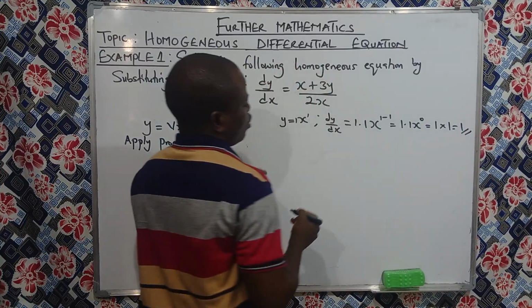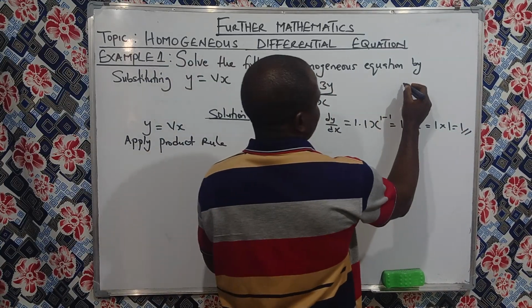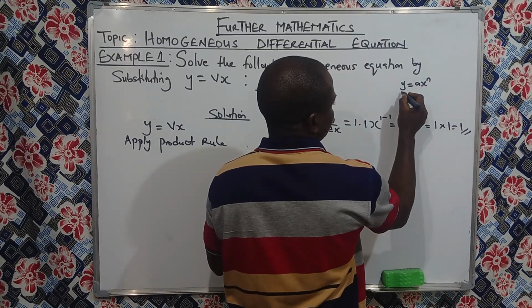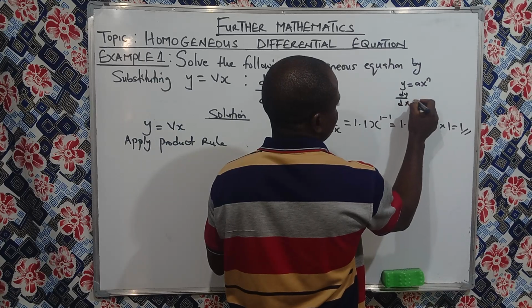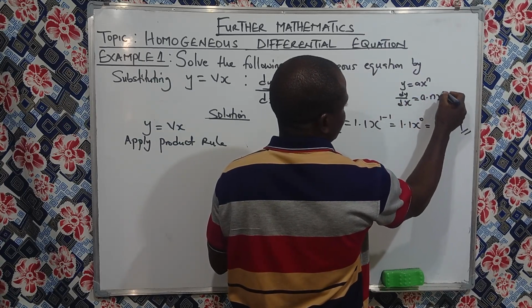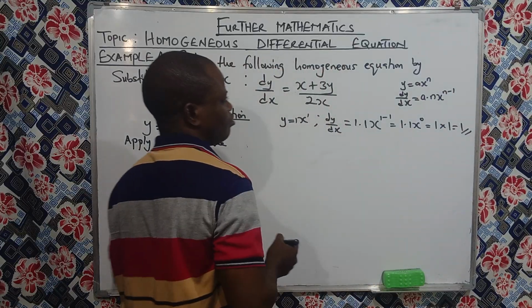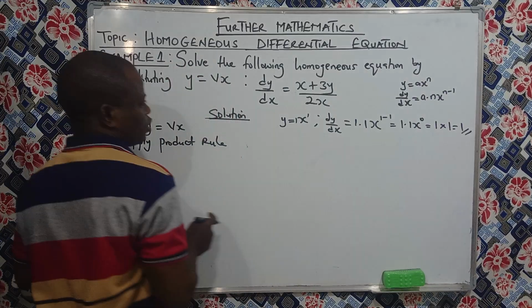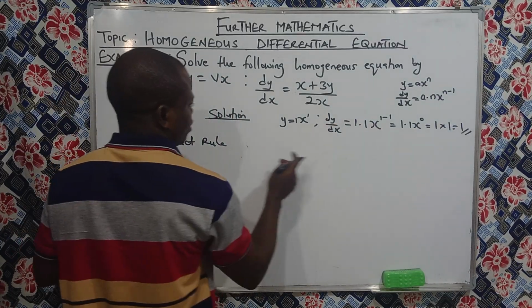See? The formula applied here is this: when you have y equals a x raised to power n, dy over dx equals a times n times x raised to n minus 1. That was applied to get the differentiation of x.